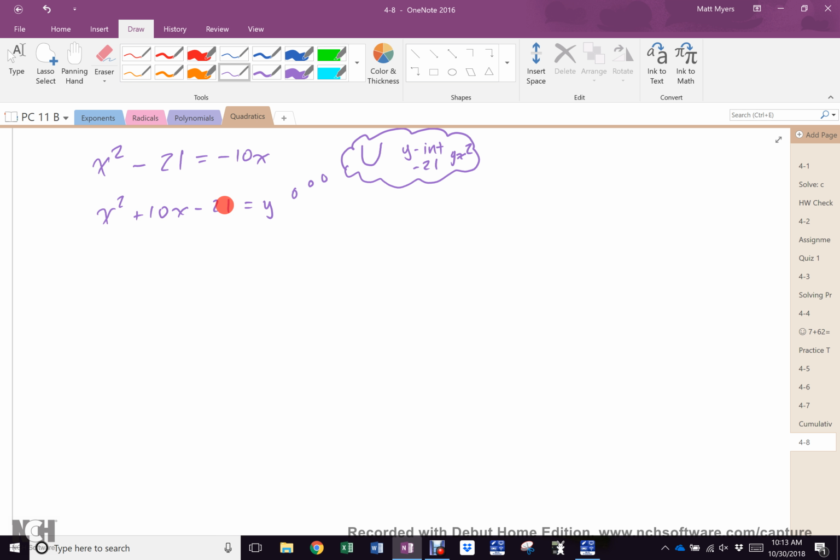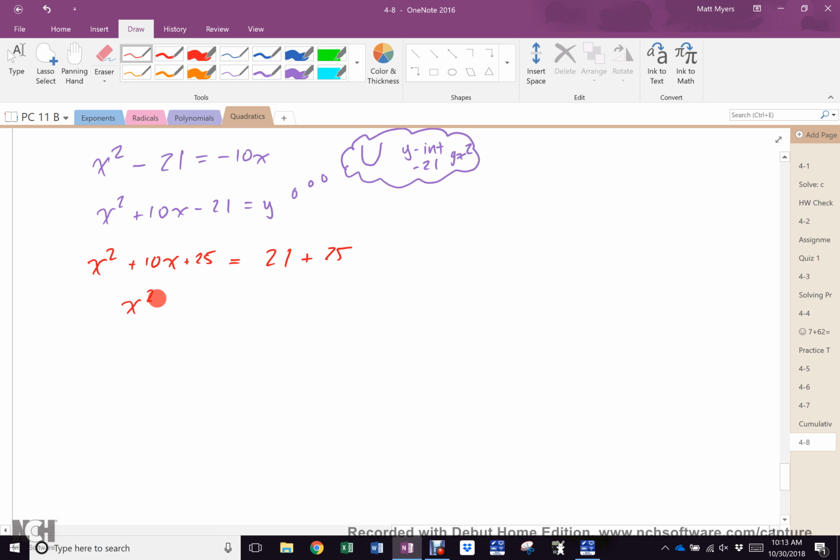10 divides by 2, doesn't it? So if I go this way, x squared plus 10x equals 21. What's going here? 25. What do I have to add to this side? 25.